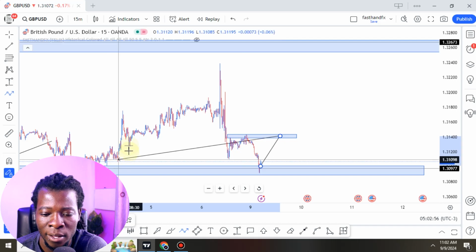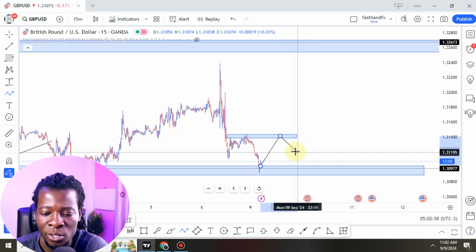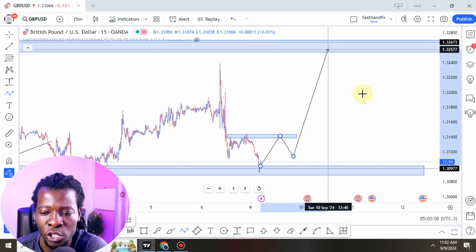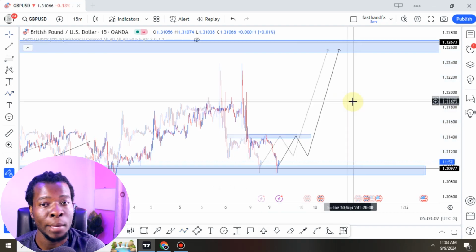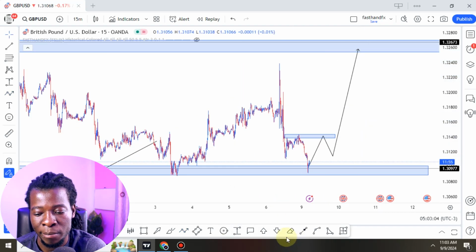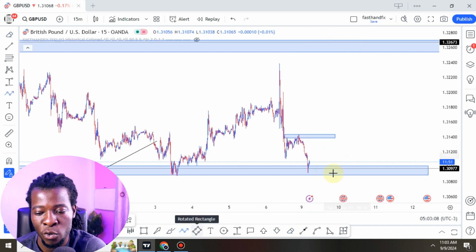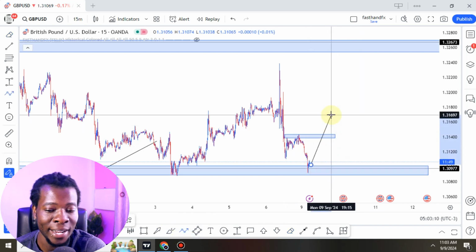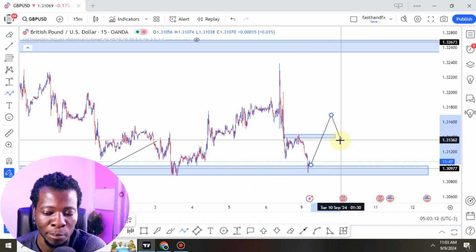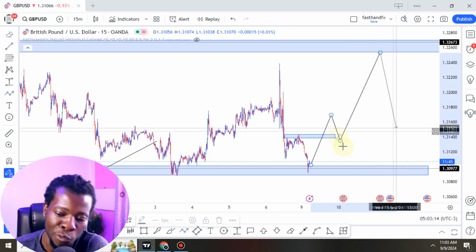We also have this thing here that makes sense. So maybe something like this, then I should be looking for buy positions, right? But at the same time, she might not bounce off that level. She might just break it all the way. So if that happens, I'm still going to anticipate that pullback. That's when I look for my buy entry.